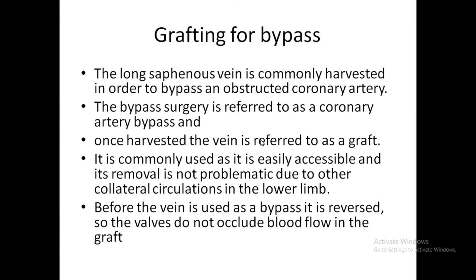It is commonly used as it is easily accessible and its removal is not problematic due to other collateral circulations in the lower limb. Before the vein is used as a bypass, it is reversed so the valves do not occlude blood flow in the graft. So this is all about the superficial veins of the lower limb.